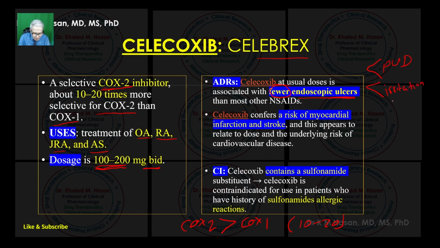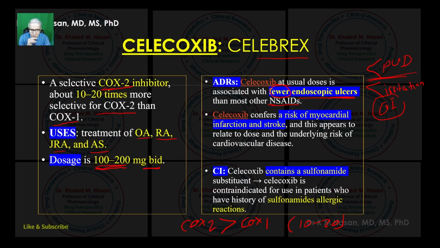So there is less occurrence of peptic ulcer disease, or we can speak about less irritation of the GI mucosa. Celecoxib is considered to cause less irritation to the gastrointestinal mucosa and less occurrence of peptic ulcer disease compared with the other NSAIDs. Okay, this is number one. Number two, we have two important issues we need to address with Celecoxib.